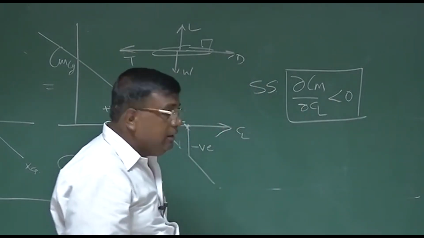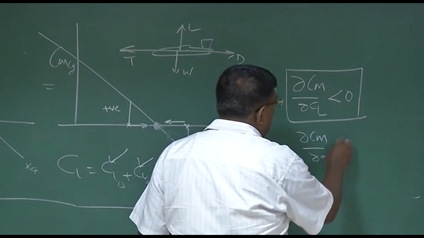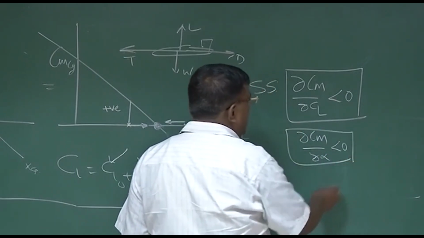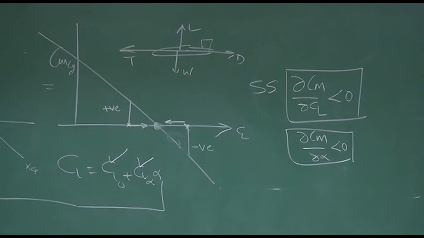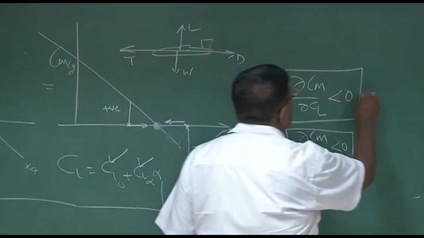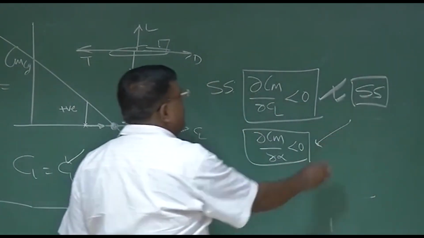It is nothing great, because we know that dCm by d alpha should be less than 0. We have spent a lot of time on that, and alpha and CL are related by this, so its slope has to be less than 0. But we will now be using this definition for static stability instead of dCm by d alpha.